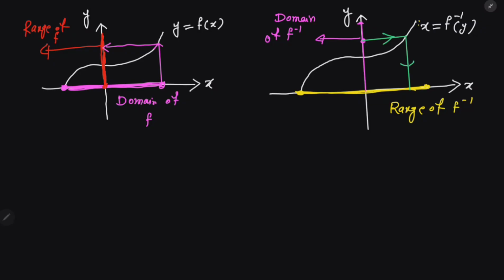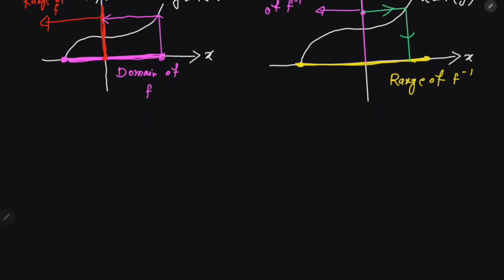So there is an orientation difference in f of x and f inverse x. These graphs, f and f inverse, are reflections of each other on a graph.